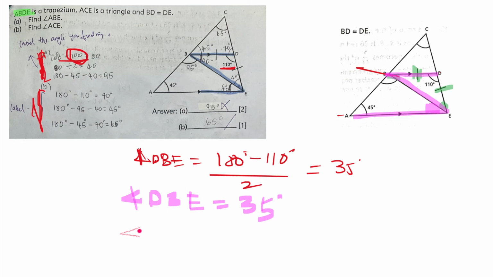So here you write angle ABE equals 180 minus 35 minus 45.